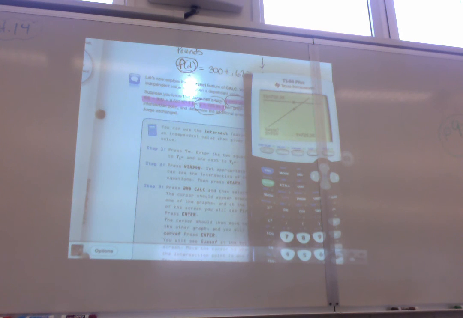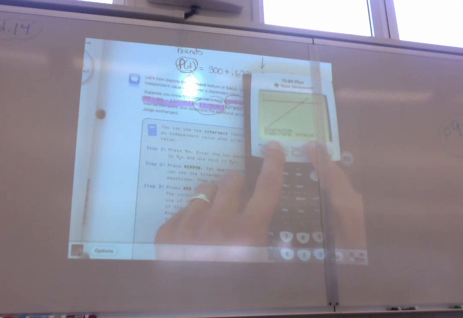Most people are to this point where they've got 2 cursors, they push guess, and the blinky thing showed up in the middle. You also have an X and a Y down there. Take a look at that Y. Does that look like the money they said for George? 725.35? Yes? Okay.